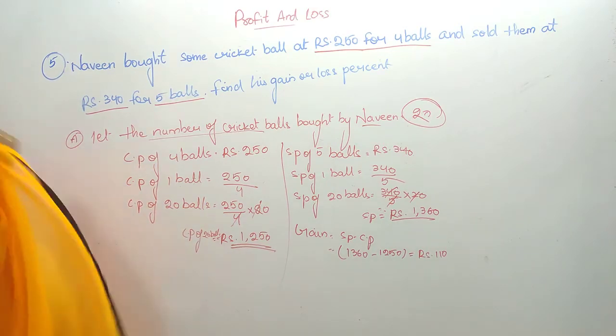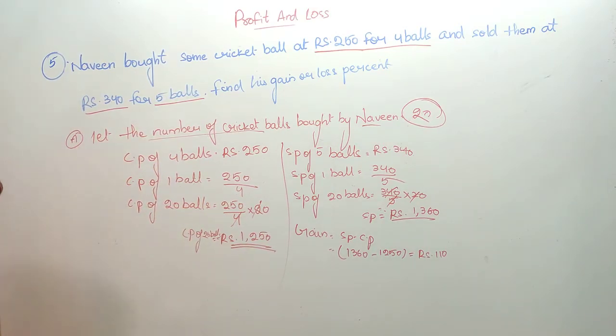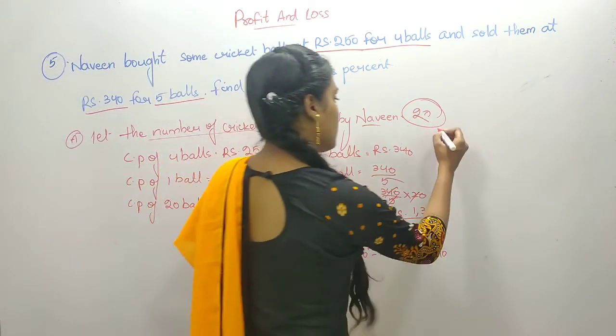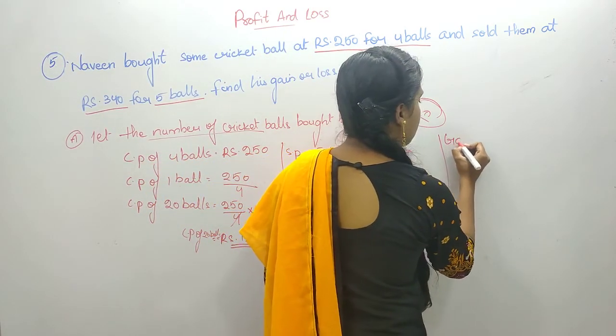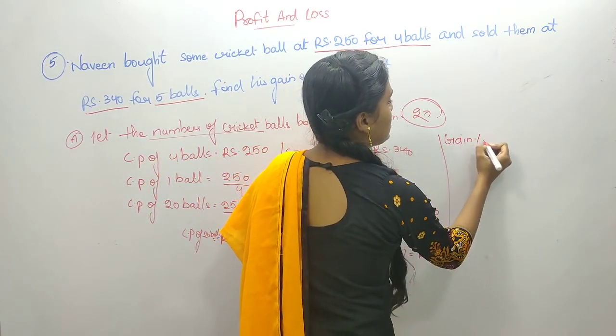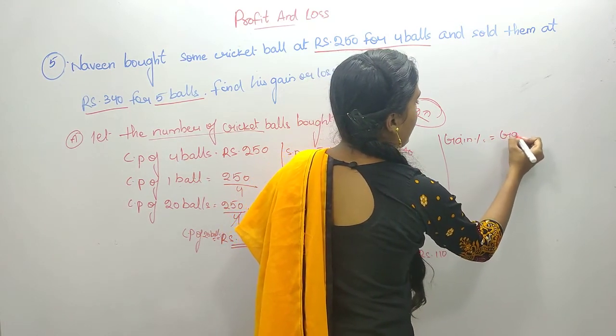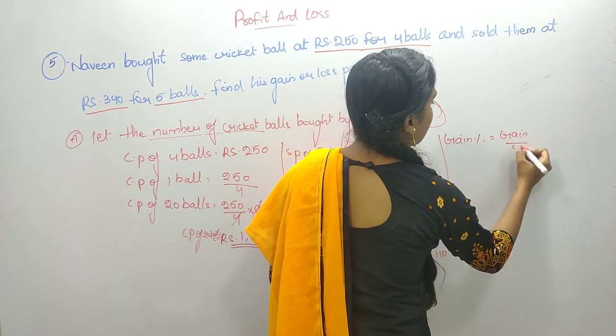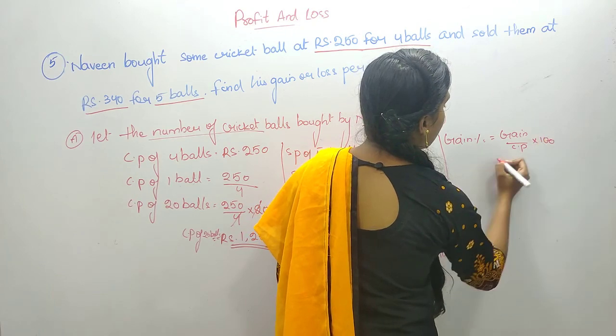Now what will we find out? Gain percent we have to find out. What is the gain percent formula? Gain percent is equal to gain by CP into 100.